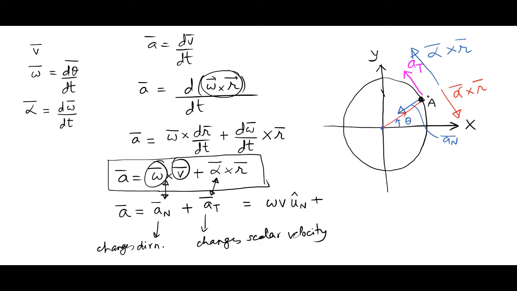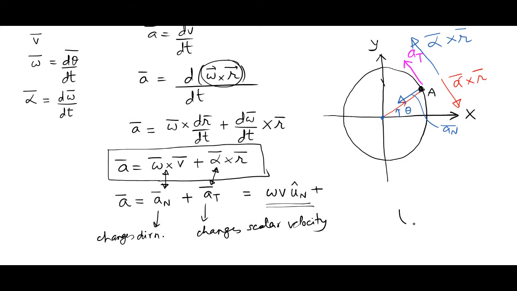So for example, in this given picture, the particle is going around like that, correct, in the anticlockwise direction. So if the particle goes in the anticlockwise direction, then the conventional direction would mean that omega is actually in this direction, coming out of the plane of the computer screen.